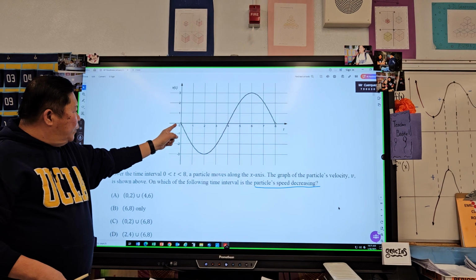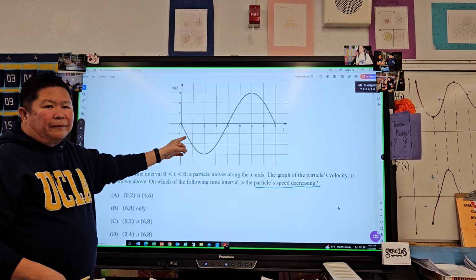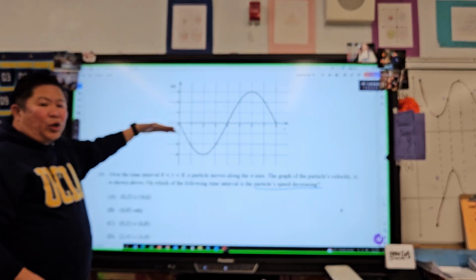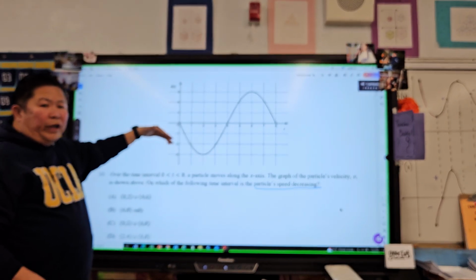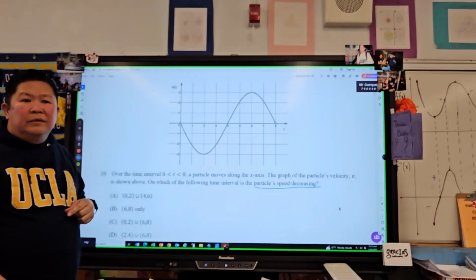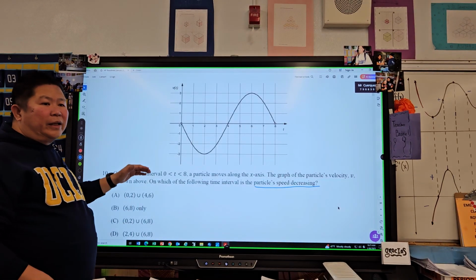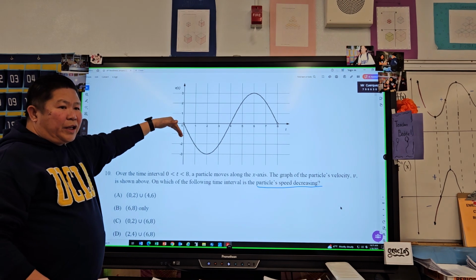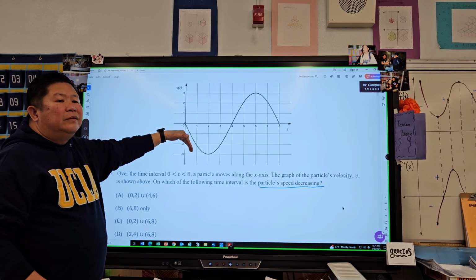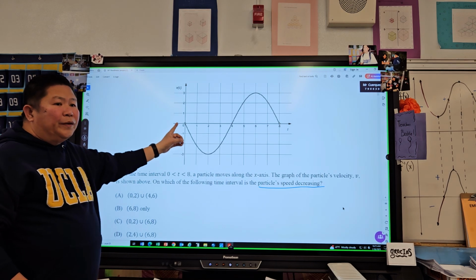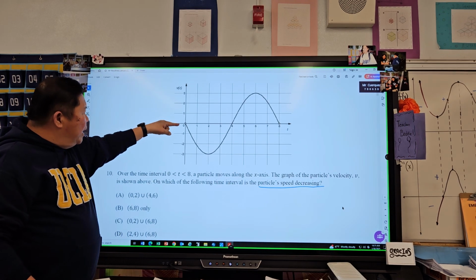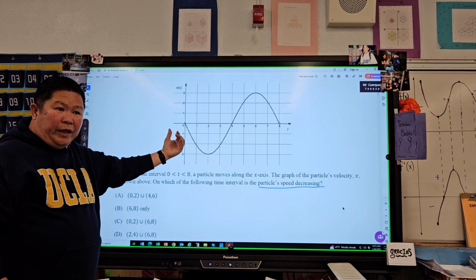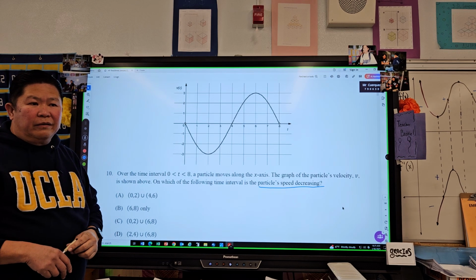From 0 to 2, what is the velocity? Is the velocity above the x-axis or below? Below, that means negative. How about the acceleration? Is the acceleration positive or negative? Negative. So these are both negative. That means from the interval 0 to 2, the speed is increasing.